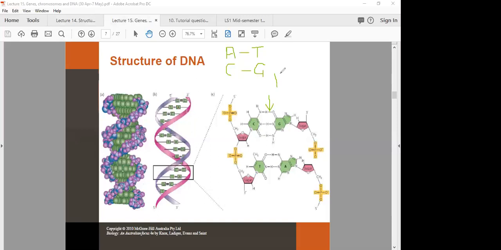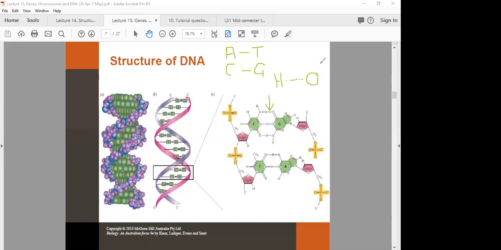Intermolecular forces, yes. So these are just attractions, intermolecular attractions between hydrogen and a more electronegative atom on another molecule. So they're not covalent bonds.